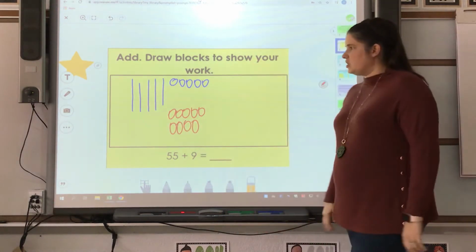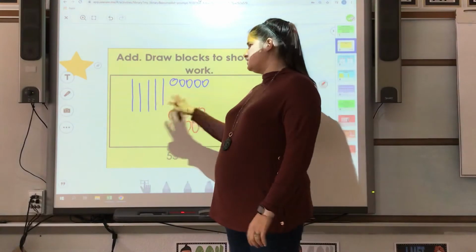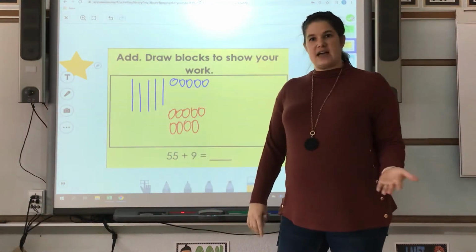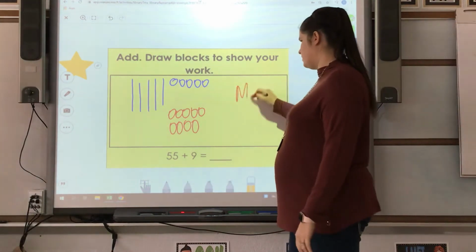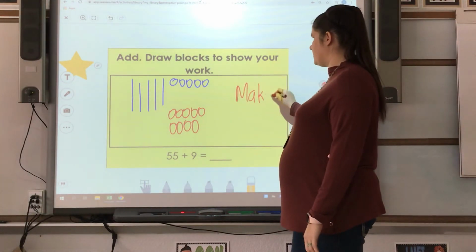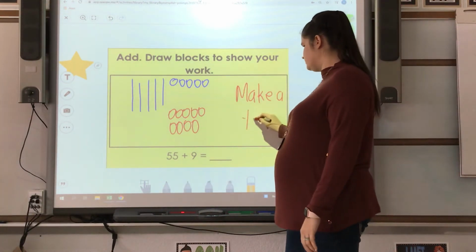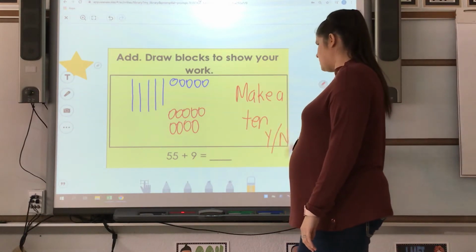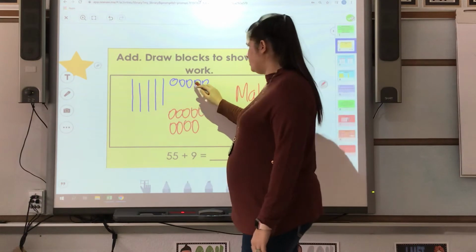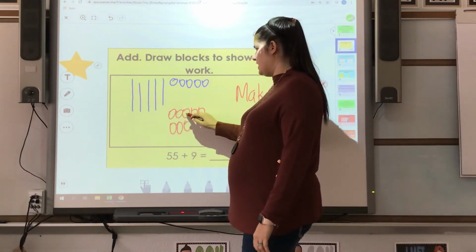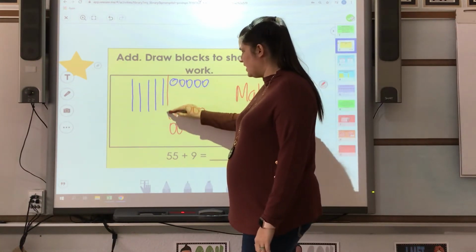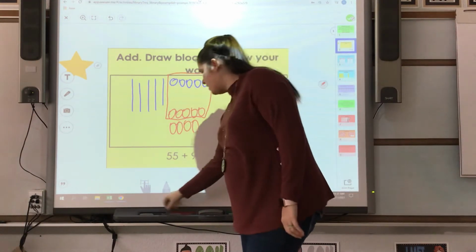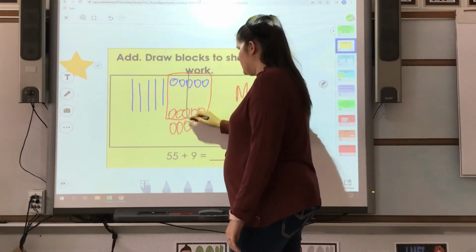So then I need to look. I have 5 tens, but I have a whole lot of ones over here. So I'm going to see if I can make a 10. Yes or no? Let's see if I can make a 10. 1, 2, 3, 4, 5, 6, 7, 8, 9, 10. So I'm going to stop, put those together, and those will become a 10.